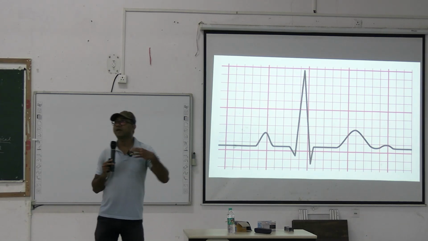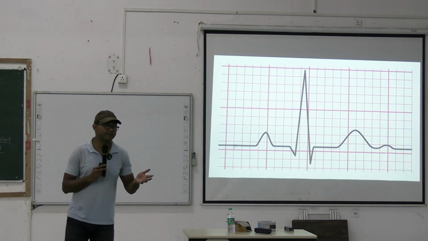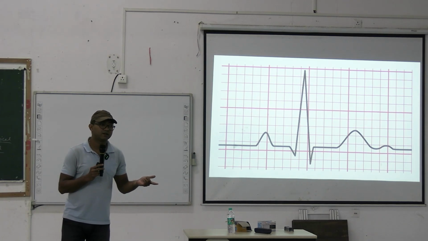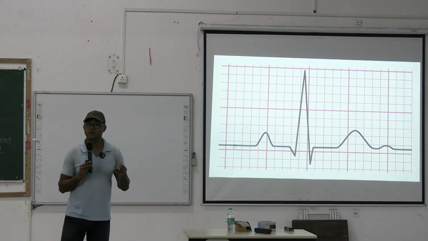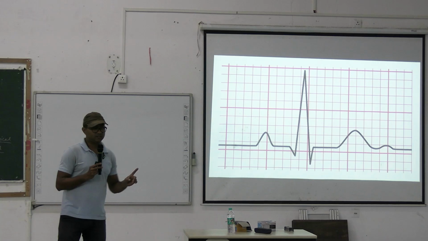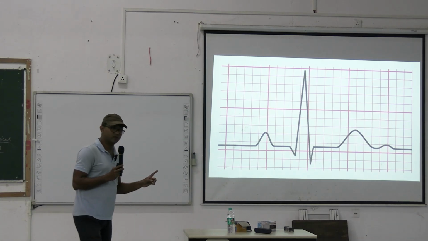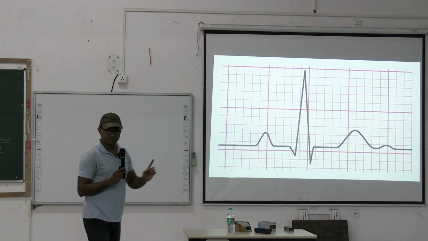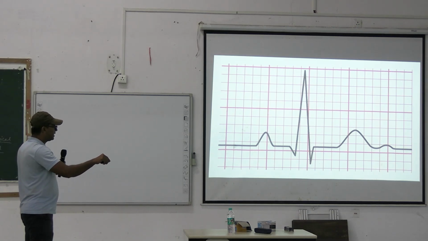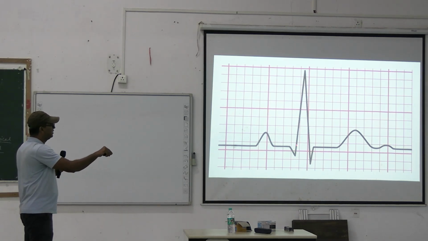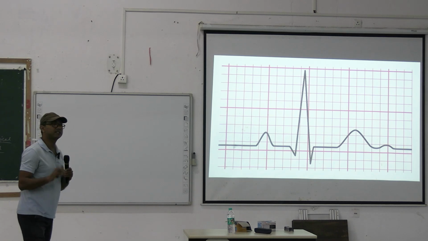Okay, I told why P wave is generated. P wave is generated because of atrial depolarization. QRS complex is due to ventricular depolarization. Okay, and T wave is due to ventricular repolarization, right? Okay, so between atrial depolarization and ventricular depolarization, there is an isoelectric line.